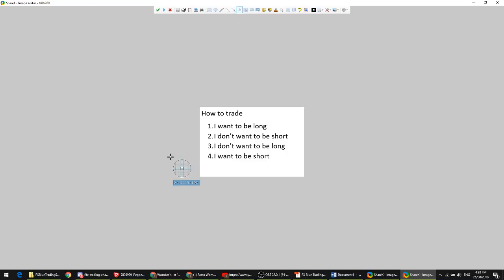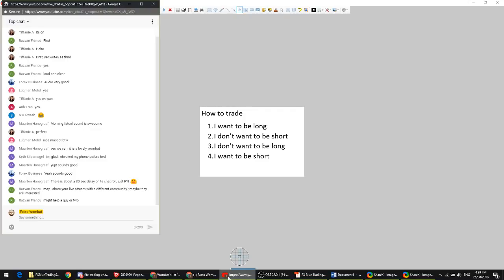We want to keep staying in this short, and then at some point we'll decide, judging by the rules of our system and the indicators, that now we don't want to be short, so we close it, hopefully take our bags of money, go buy cocaine and hookers. Then we wait again. We wait for either number 1 or number 4 to occur, and we work towards the end. So did I explain that relatively okay?